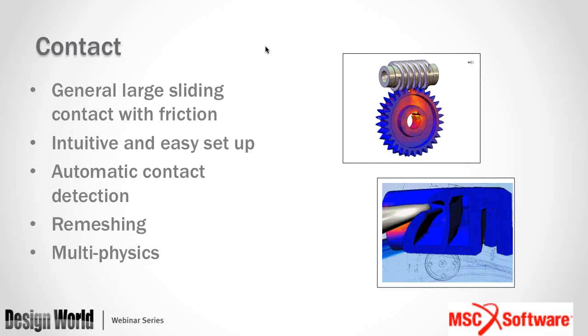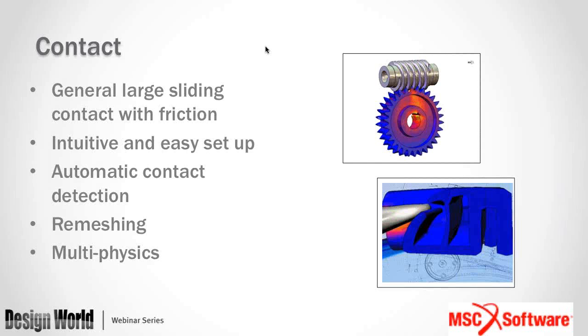So next, let us look at contact. Contact, or in other words, the interaction between the various components in an assembly or even different assemblies, is a very common situation that you generally need to model when you're designing any product.